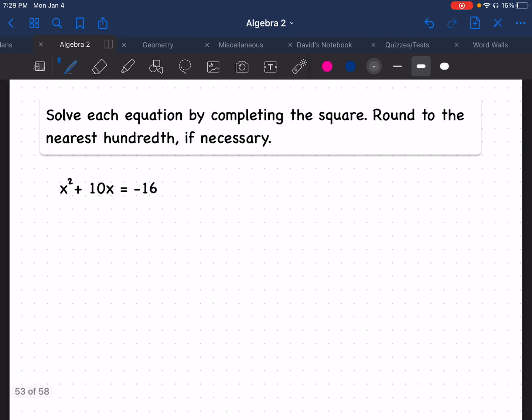All right, let's go ahead and solve each of my equations by completing the square. And it does say that if it is necessary, we're going to round to the nearest hundredth. Just a quick reminder, hundredth makes me think of the number 100. And when I think of the number 100, remember your decimal goes right after the 1.